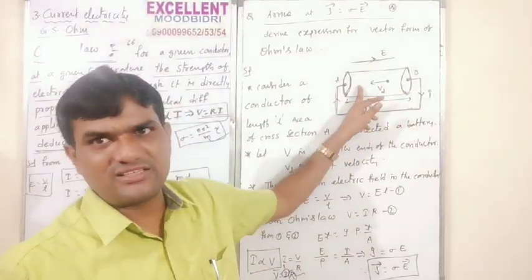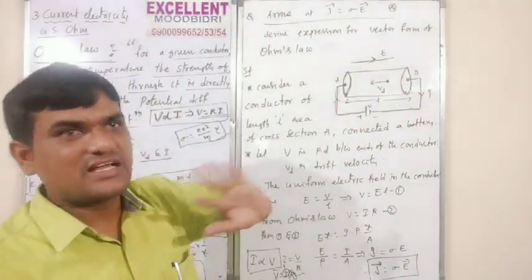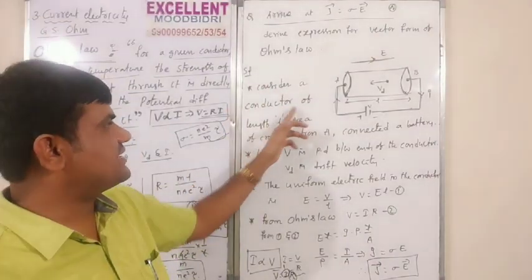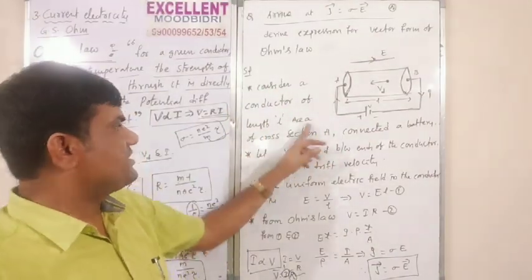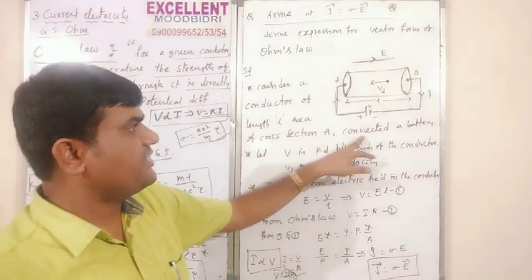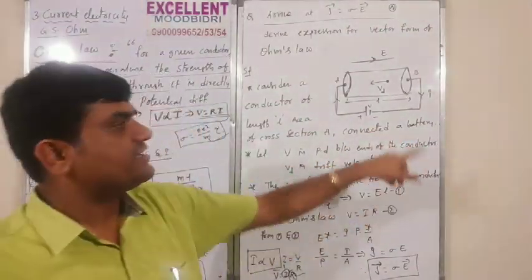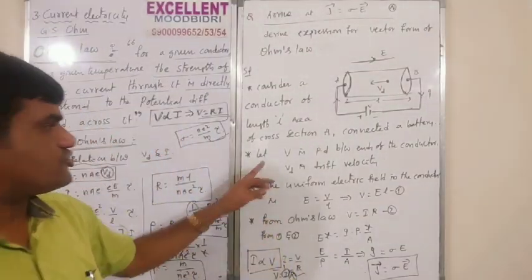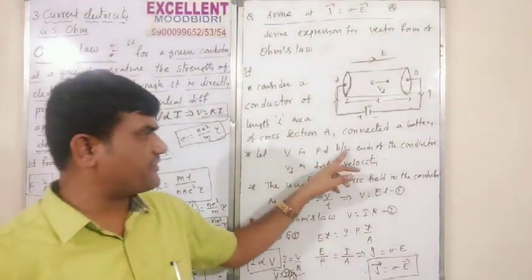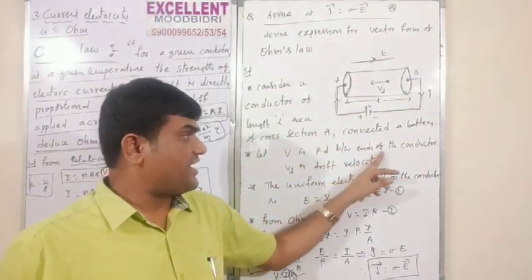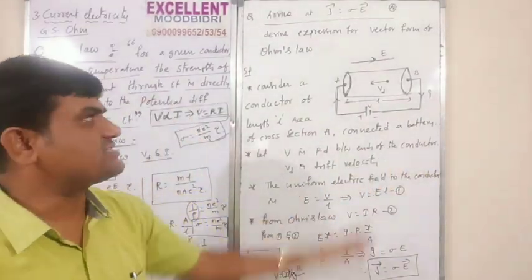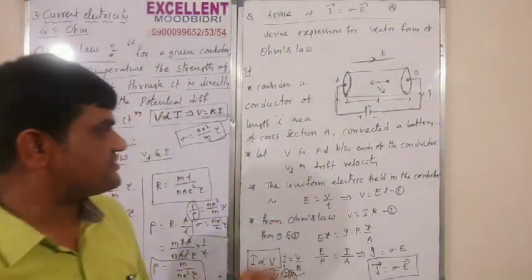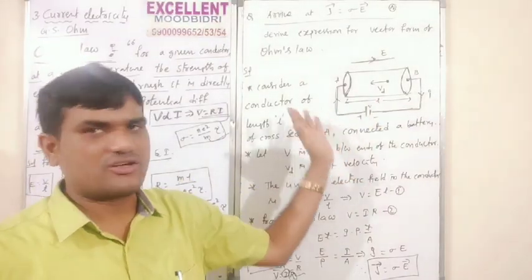So consider a conductor of length L and area of cross section A, connected to a battery as shown in the figure. Let V be the potential difference between the ends of the conductor, and Vd the drift velocity.